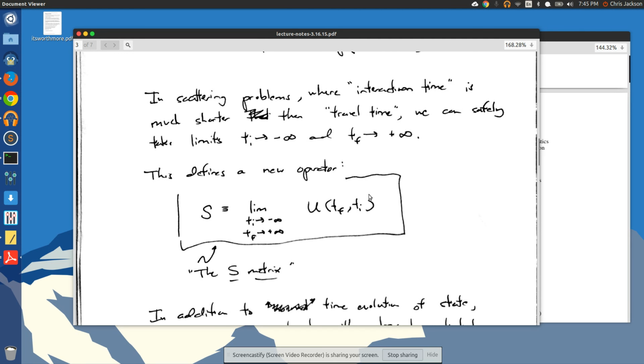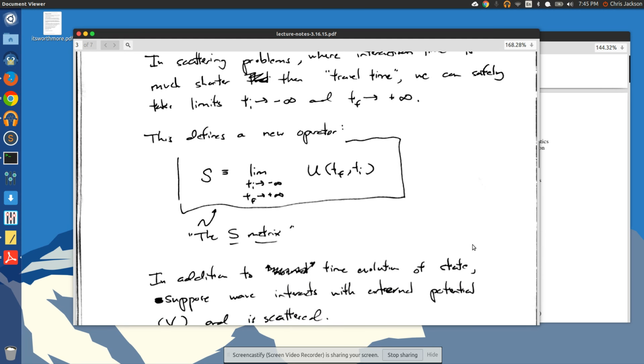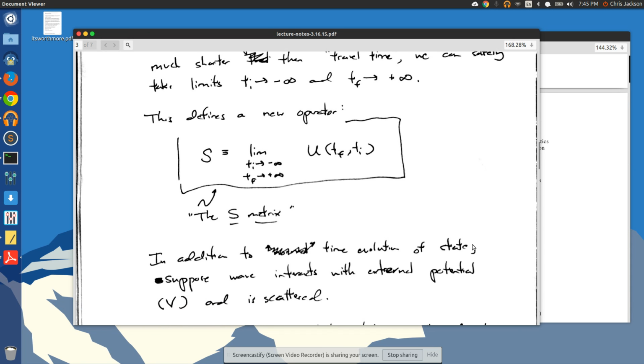It's basically defined as the propagator: we define our initial state, and then we propagate it using the time evolution operator. But if we take these limits, that gives us what's called the S matrix. And the S matrix is one of the fundamental quantities that you're always after, that you want to compute when you're doing scattering theory.